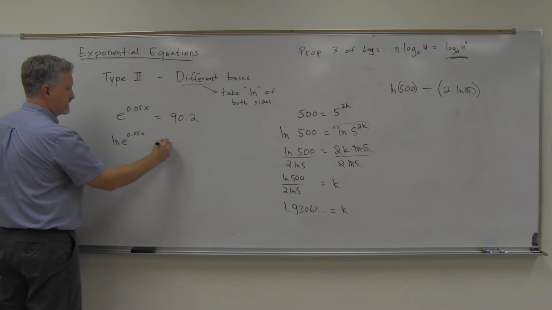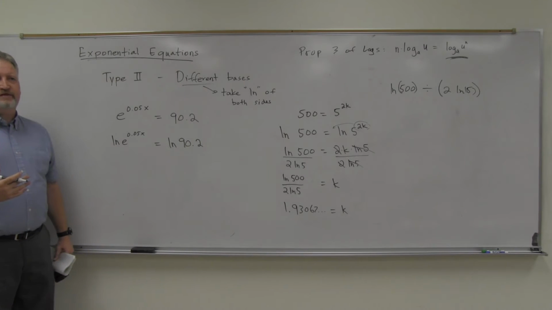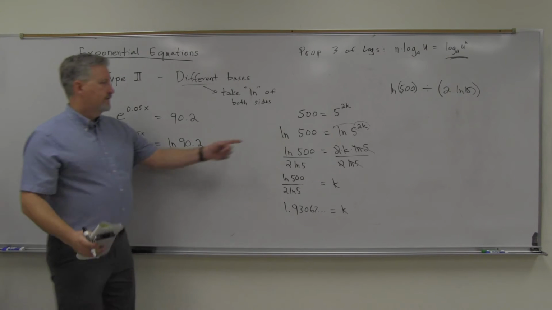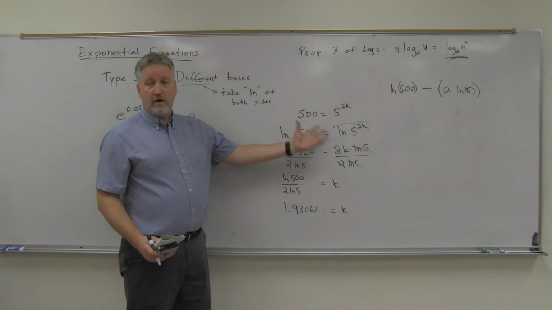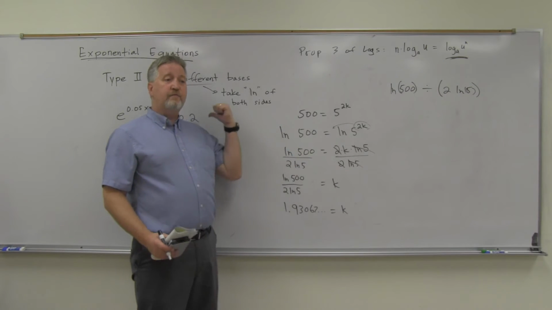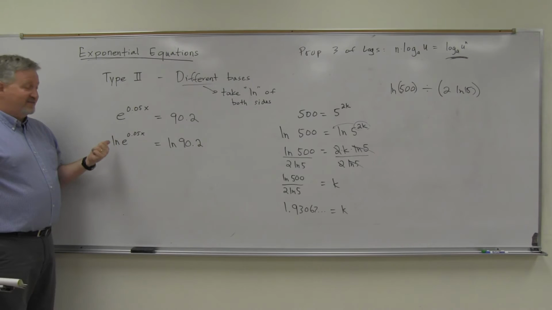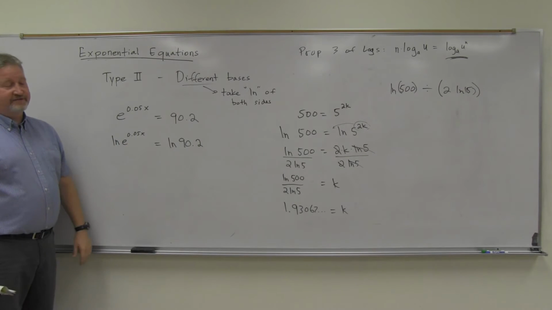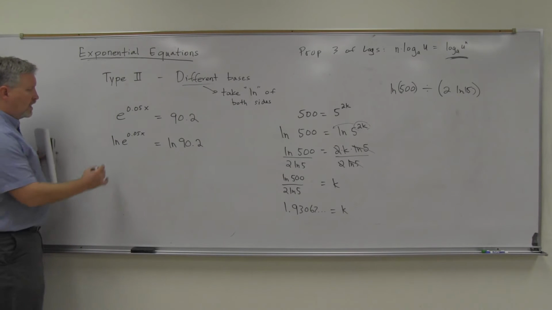And this is why typically we pick the ln. We could take log of both sides. It would work. However, because of what we'll run into sometimes, that's why I always go with the ln of both sides.